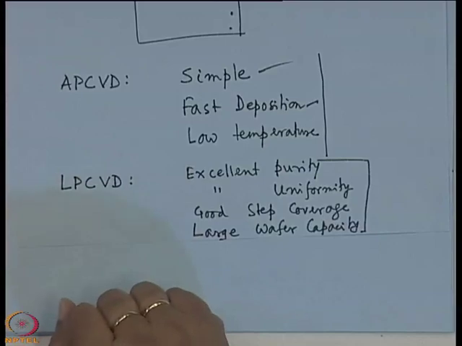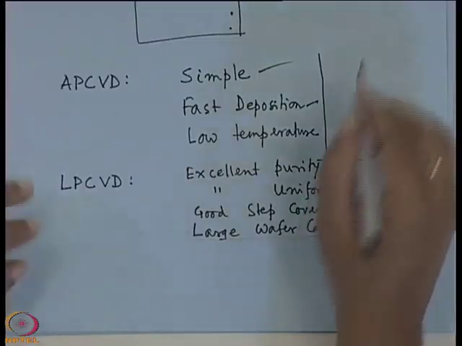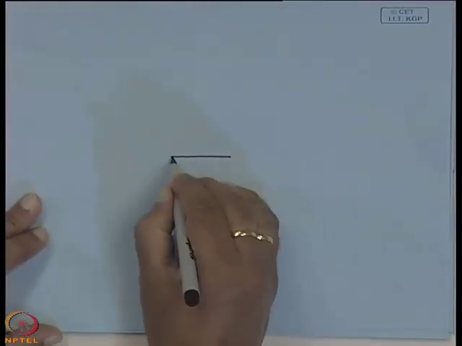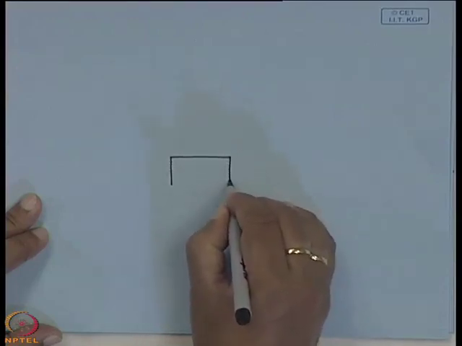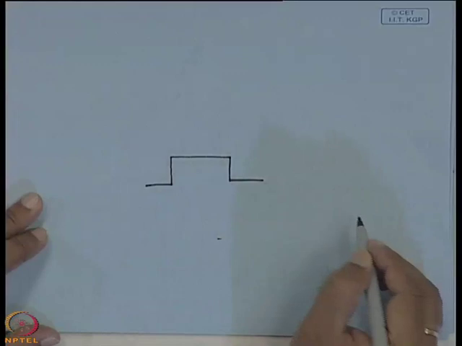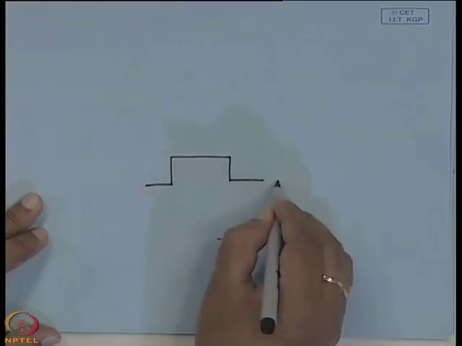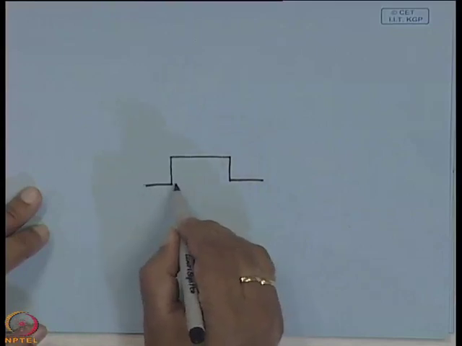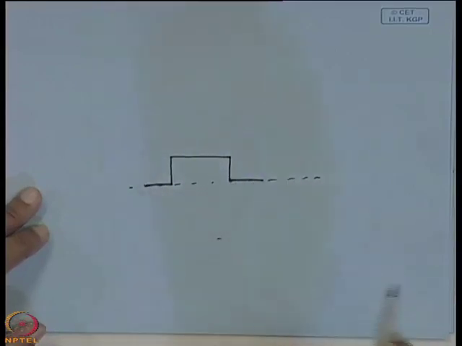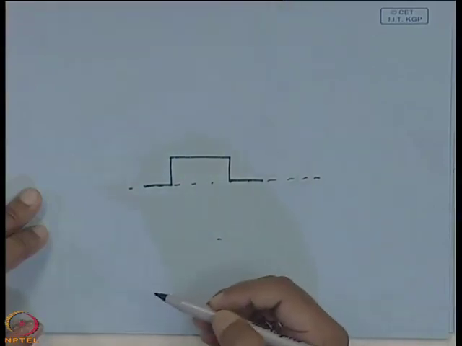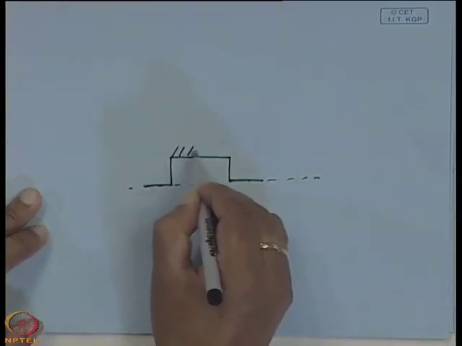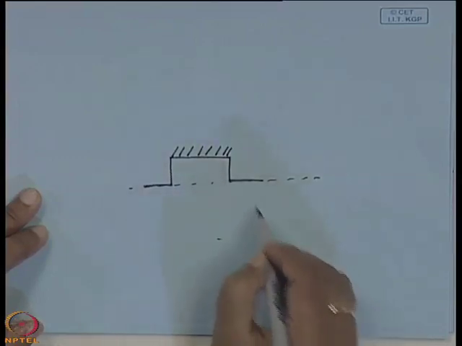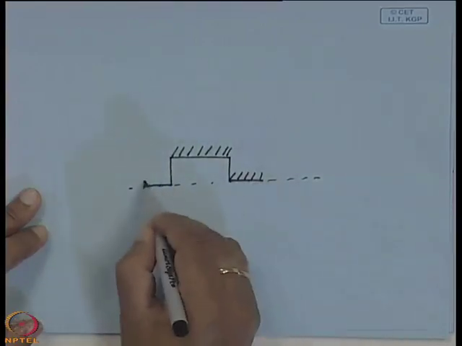What do you understand by step coverage? Step coverage means, suppose this is your substrate, and the substrate is kept on the susceptor. This is your susceptor. When growth takes place, generally the films are formed on the top surface.